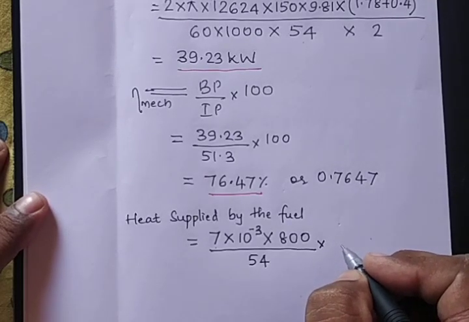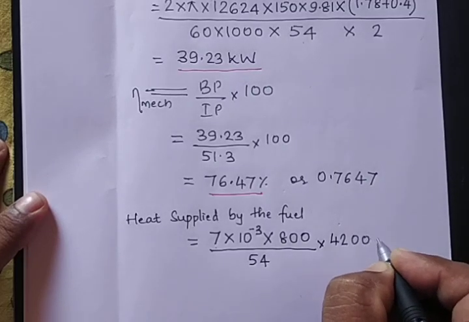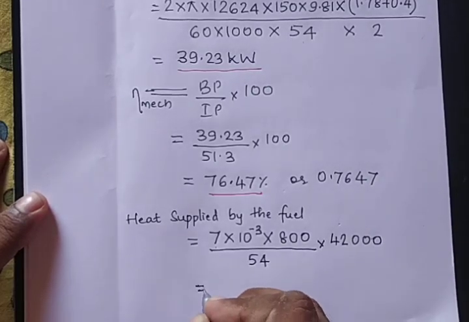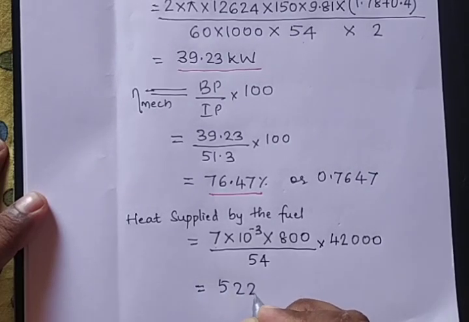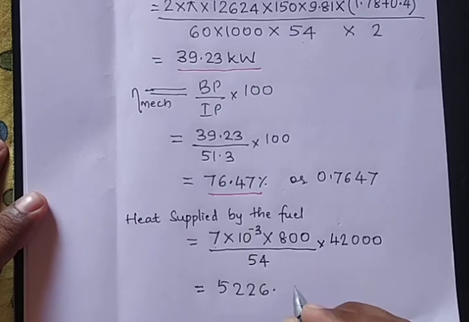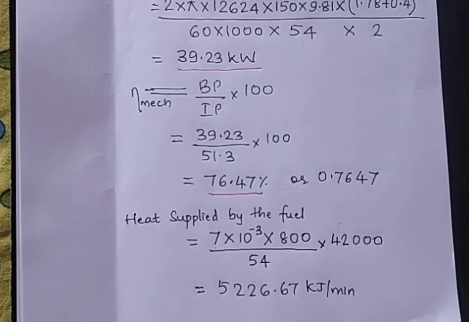That is, the calorific value is 42 megajoules, so 42,000 kilojoules. So you will get the value of heat supplied. That is 5226.67 kilojoules per minute. This is what is heat supplied.